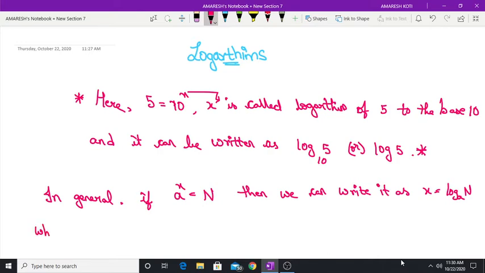It has some properties: a is greater than 0 and a not equal to 1, and n is greater than 0, and a, n belong to real numbers.